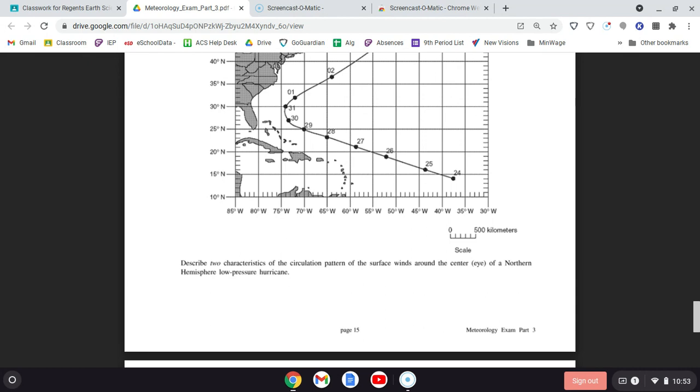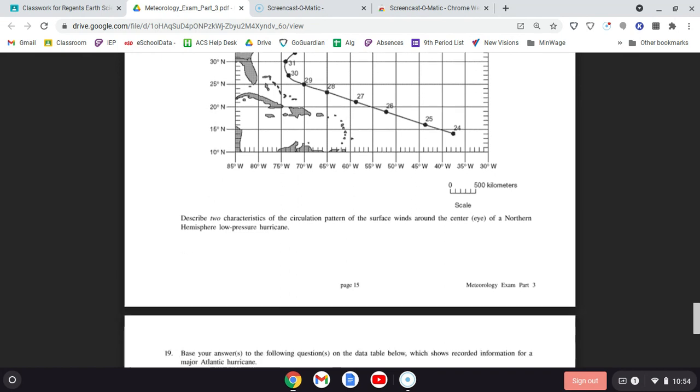Think about the pattern. What circular pattern does a low pressure go in? Do they go in or do they go out? Or are they clockwise or counterclockwise? Those are your two characteristics.